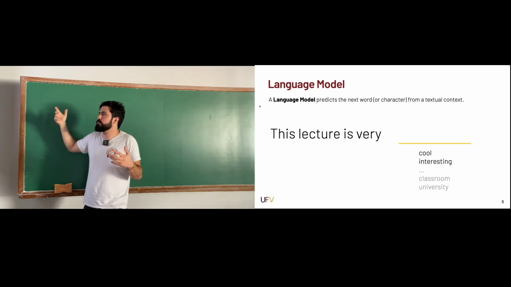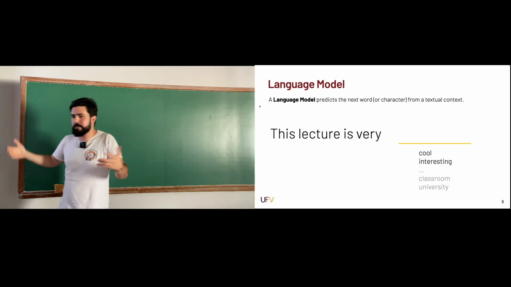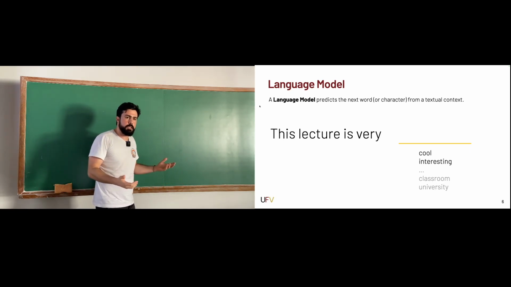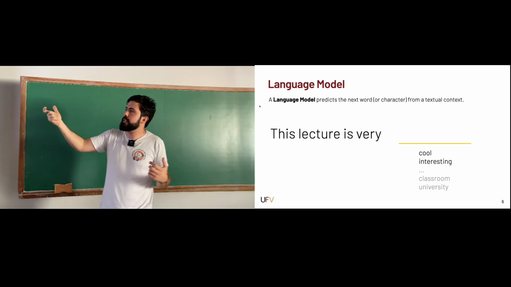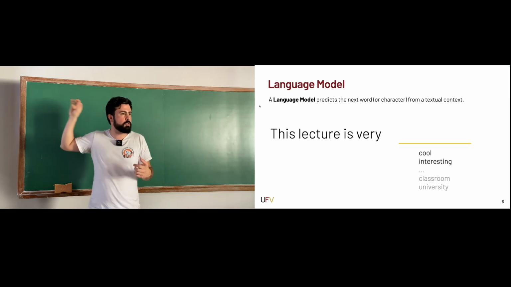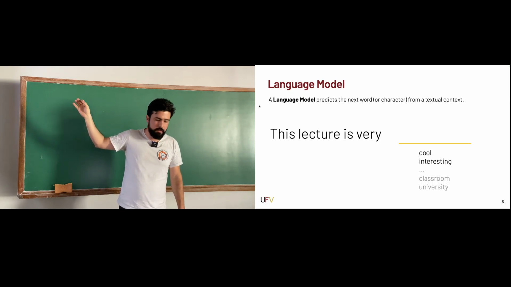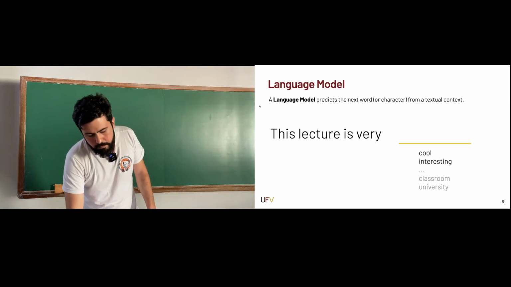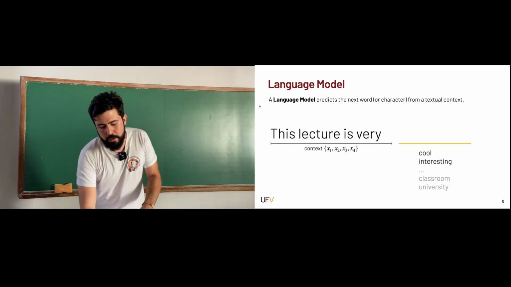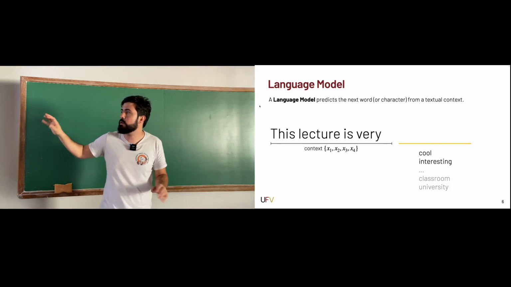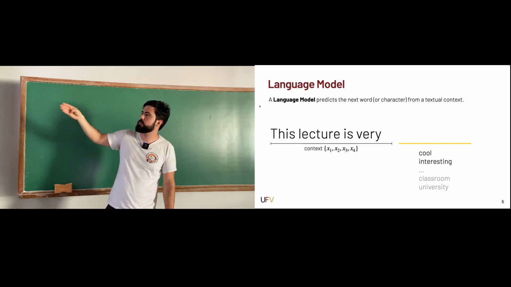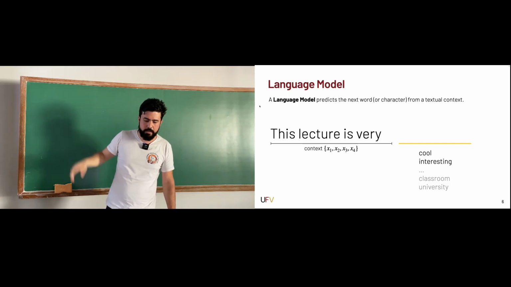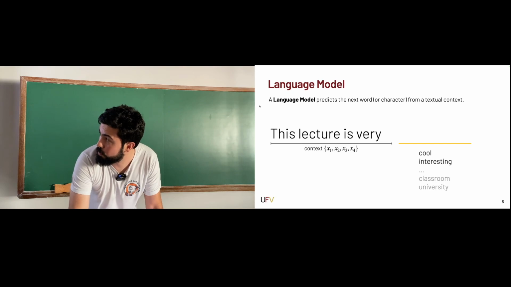We know how to do that because of the way we learn grammar, the way we learn languages, right? But what is important here is that there is a context that is fundamental for us to guess that word, okay? So we're going to call these four words here a context, and I'm going to formulate them as x1, x2, x3, and x4. So this is a sequence of words, right?